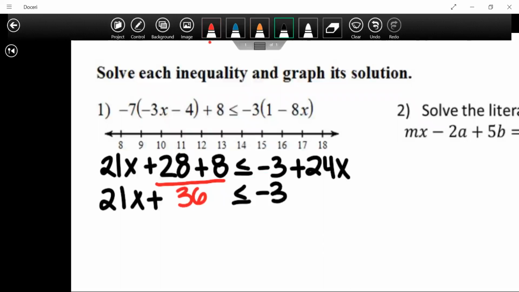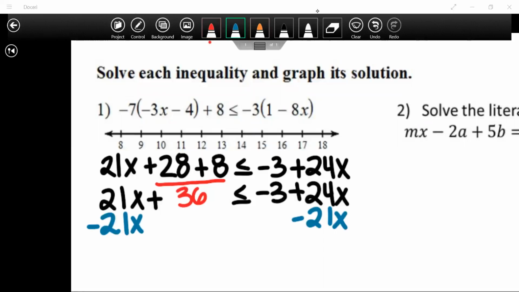Now we move the smaller x. In this case, I'm going to go ahead and move the smaller x. So we're going to do 21x minus 21x.